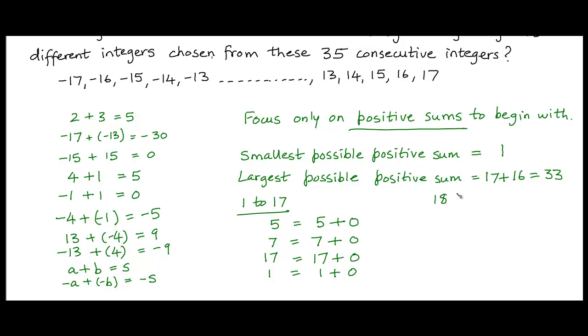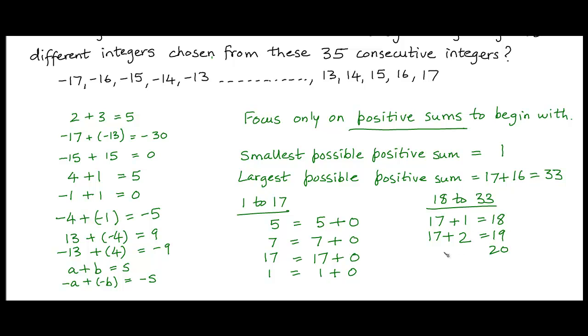Now let's look at the numbers from 18 to 33. Remember that 33 is the largest possible positive sum. Can we generate all of these numbers as positive sums? Well, since all these numbers are larger than the largest integer we are supplied with, which is 17, let's say we were to pick 17 as one of the numbers that we'll be adding. So we can produce a sum of 18 by adding 17 to 1. We can produce a sum of 19 by picking 2 as the other integer.